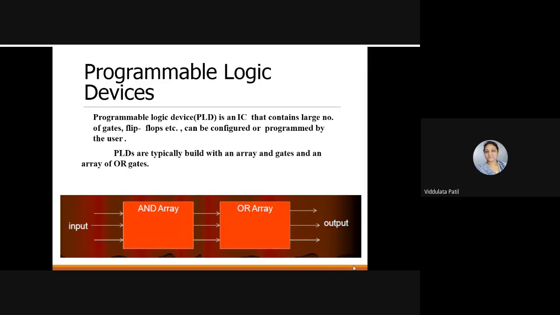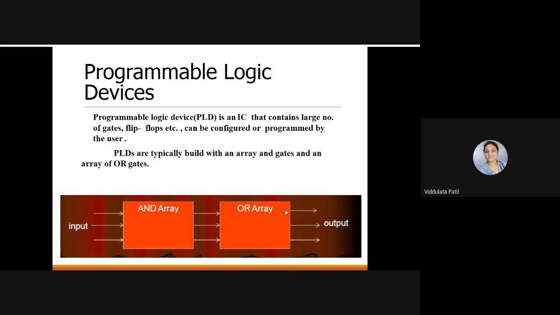These PLDs are typically built with an array of AND gates and an array of OR gates. You can see in this diagram that the programmable logic device is, first, an array of AND gates, and then the output of that AND gate array is given as an input to the OR gate array, and then we get the output.